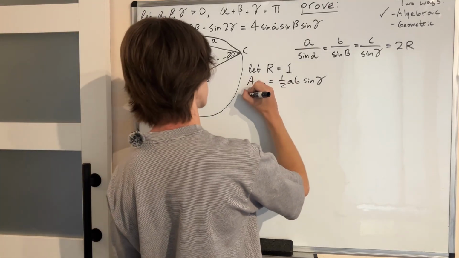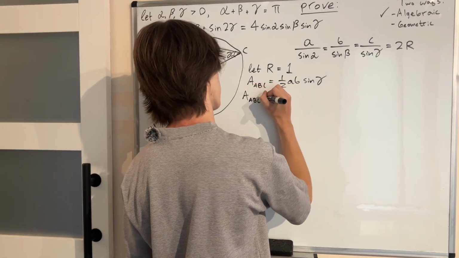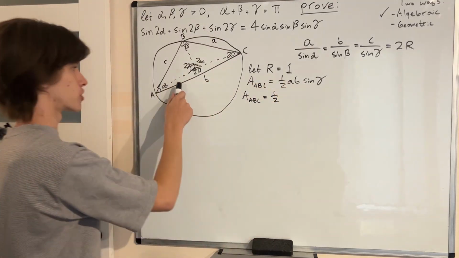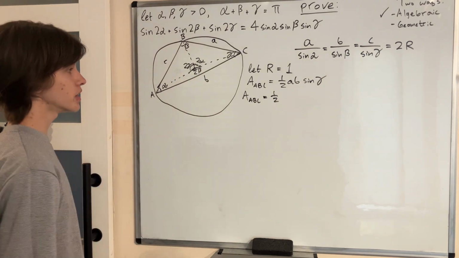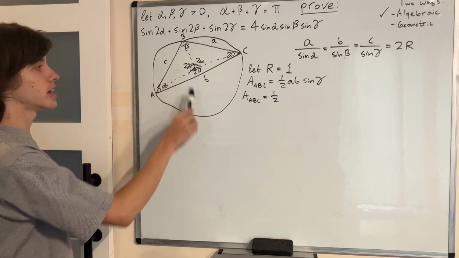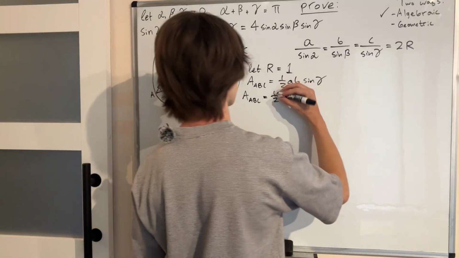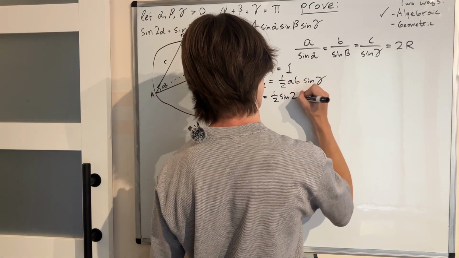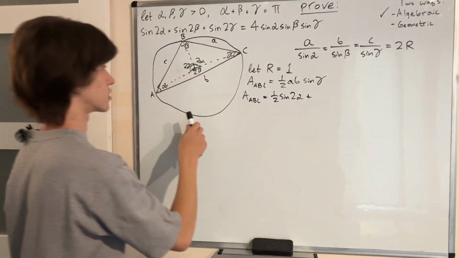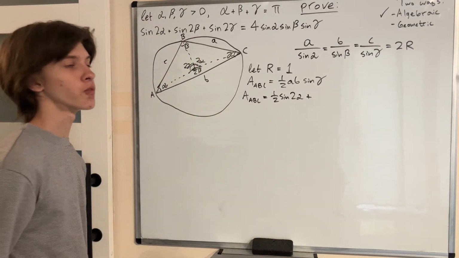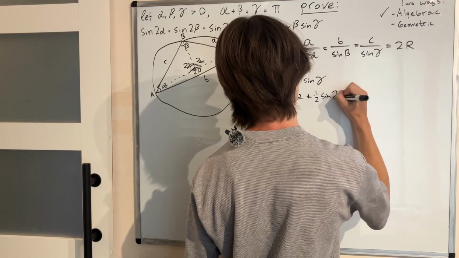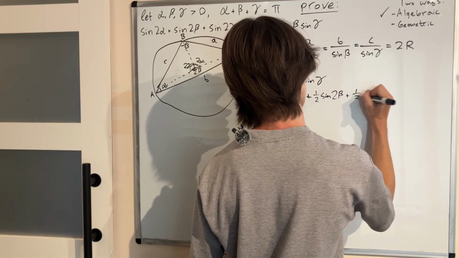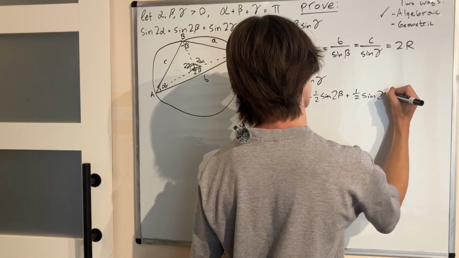So the area of ABC is also going to be 1/2 times the circumradius r squared, and r is equal to 1, times the sine of the angles between them. So sine of 2 alpha, and then we're going to sum up, because it's going to be one of these triangles, and we need all 3 of them. So 1/2 sine of 2 alpha plus 1/2 sine of 2 beta plus 1/2 sine of 2 gamma.